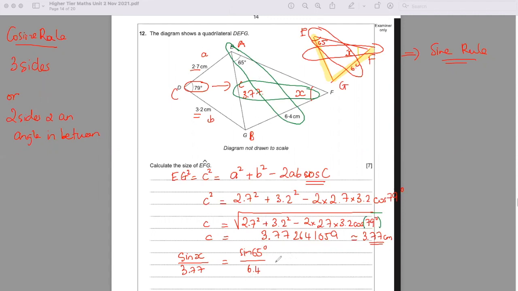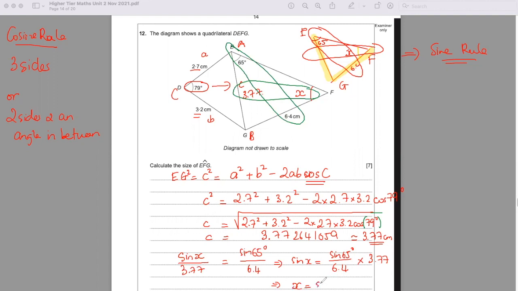Okay, and to solve it, all you've got to do is sine X will be equal to sine 65 degrees over 6.4 times 3.77. And your X will be equal to, remember like SOHCAHTOA, you should do the shift button and then the inverse of it.